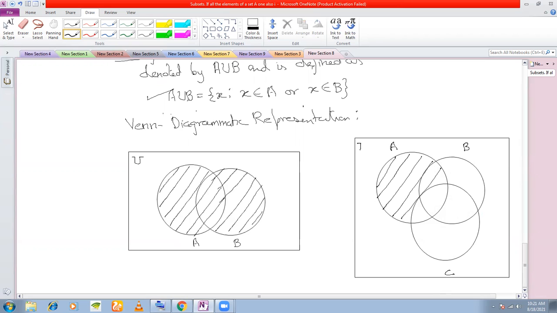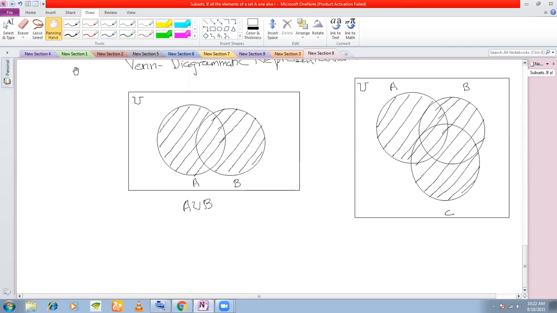This is obviously the universal set. Okay, so this is A union B, and this is A union B union C.